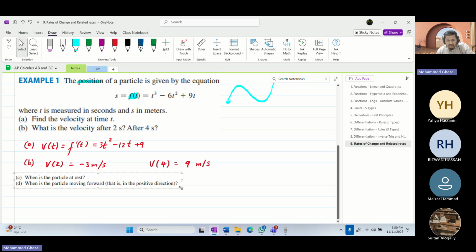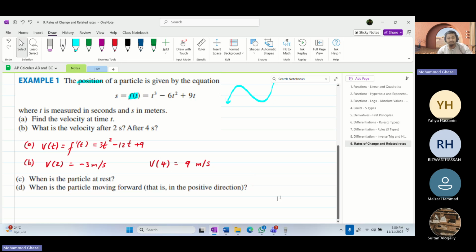When is the particle at rest? Think about the car when you're driving. When will the car come to rest? When the velocity is 0. When V of t is 0.